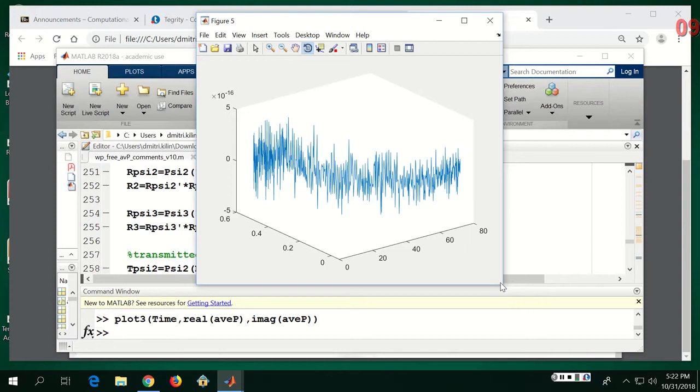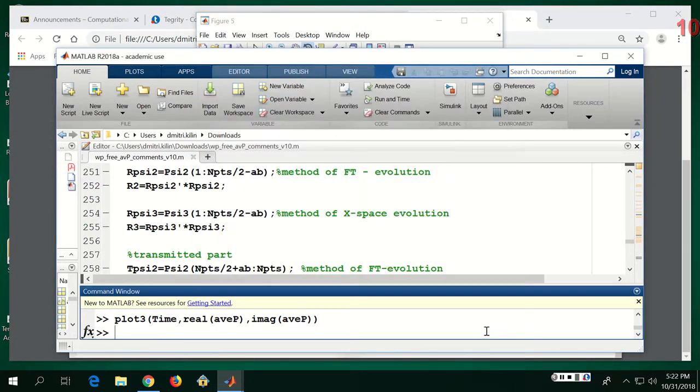But if I blindly try to plot it, it will show some strange thing. But if we neglect this imaginary part and plot only the real part, then it will look reasonable.